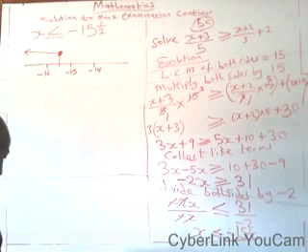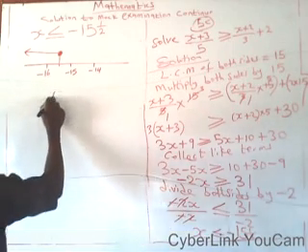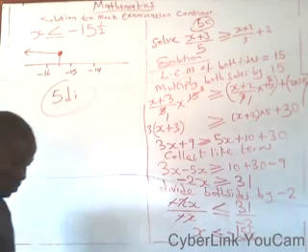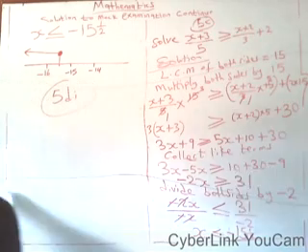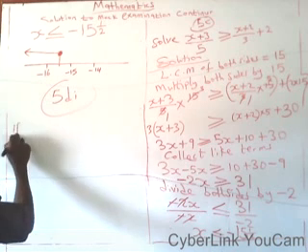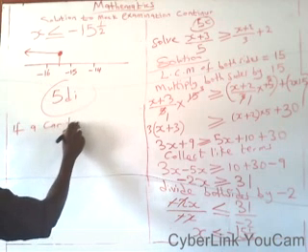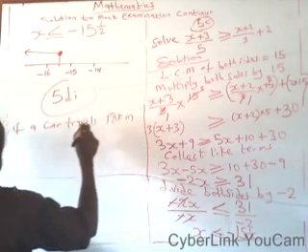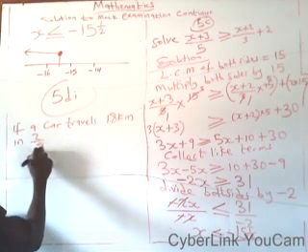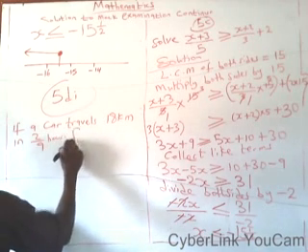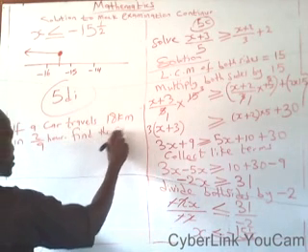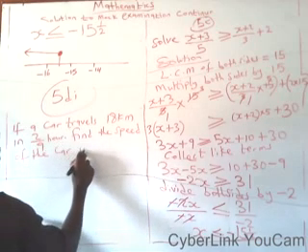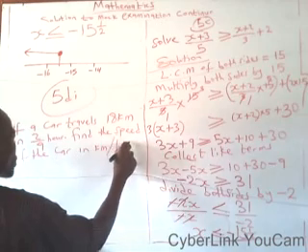Now question number 5D1. In the question number 5D1, if a car travels 18 kilometers in 2/9 hours, find the speed of the car in kilometer per hour.